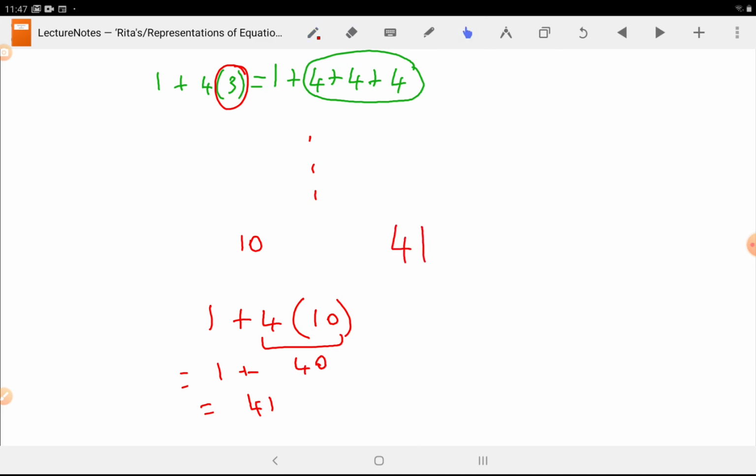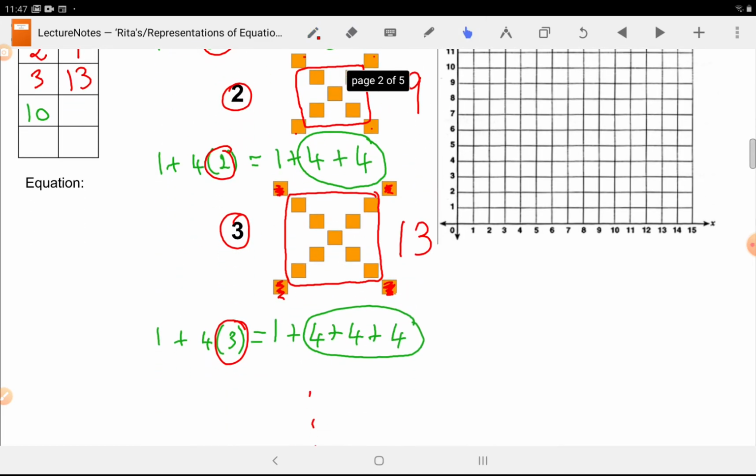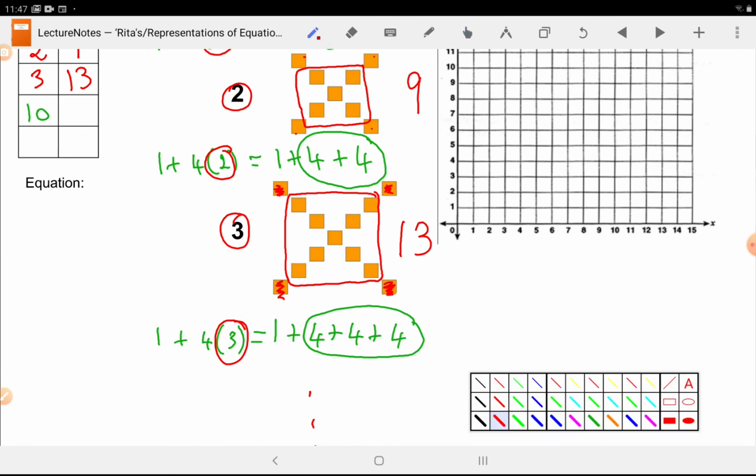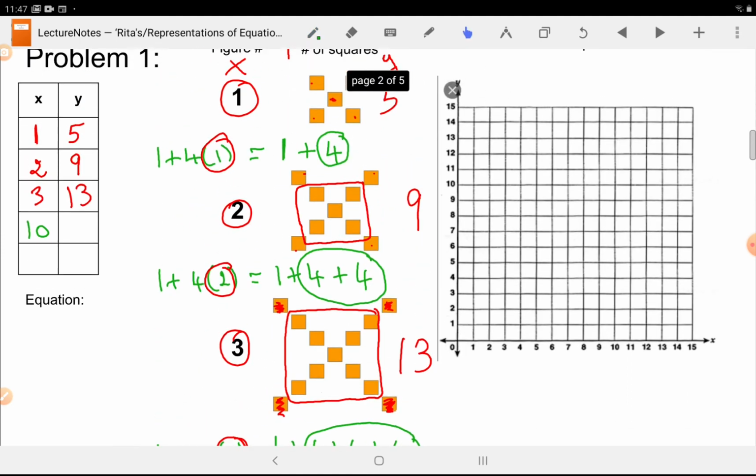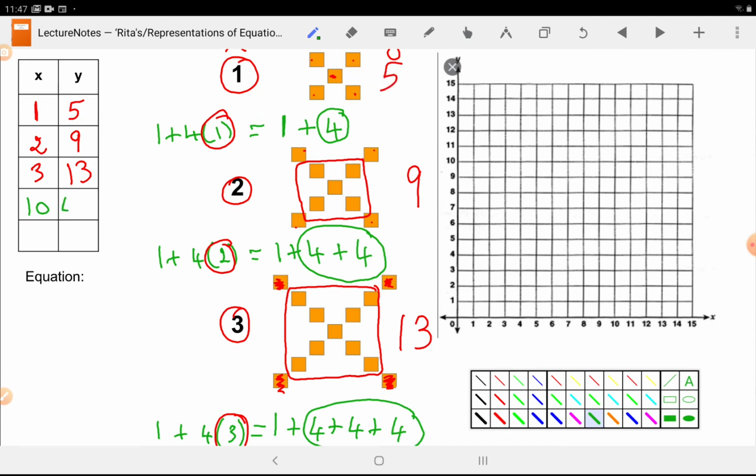So I'm going to go back to the table and say, well, if I do have the 10th figure, that is going to have 41 squares. So now let's go backwards.